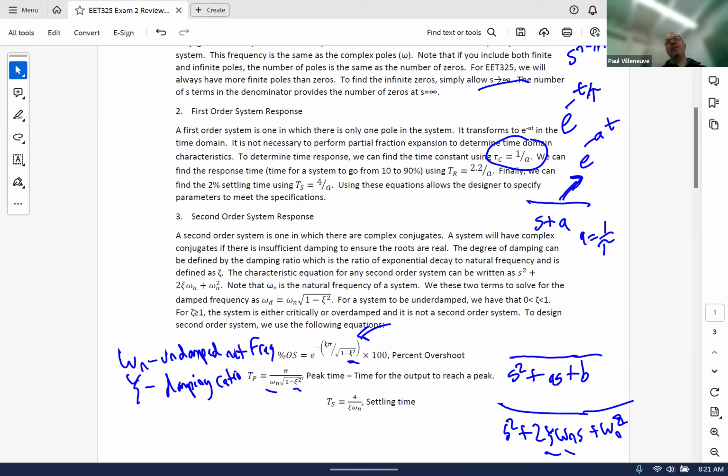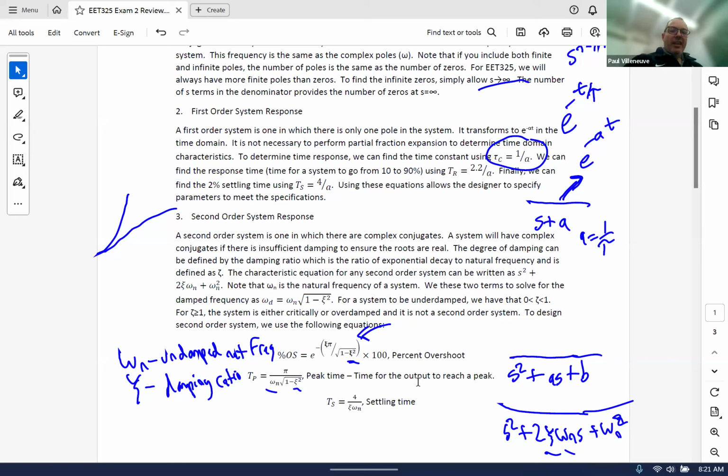I believe the reason why peak time was specified that way is because a second order system ramps up pretty quickly to get that overshoot, whereas a first order system doesn't ramp as quickly, so it's harder to tell when it actually goes up. I guess that's the reasoning I find for it. I don't know, these equations were determined many years ago, so I'm not sure. And then here's my equation for settling time as shown.